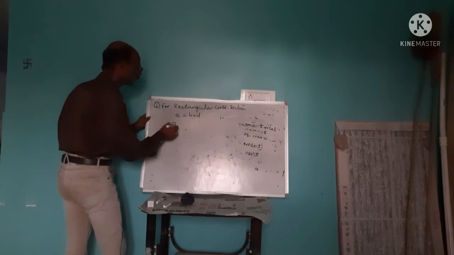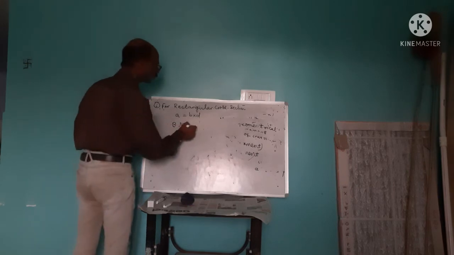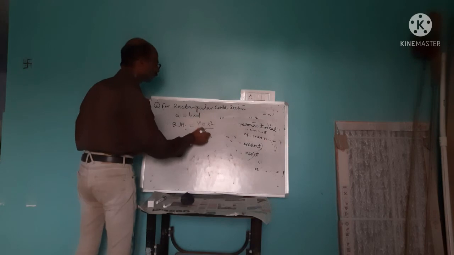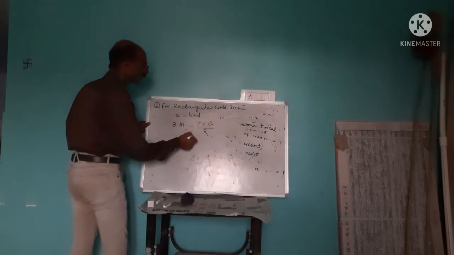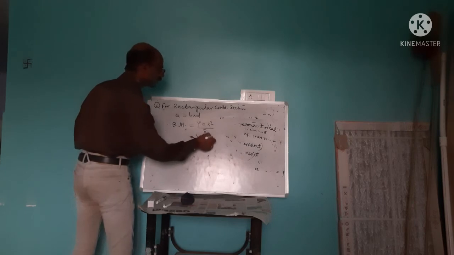Bending moment is equal to Y A k square by R. In place of A, we will write B D: Y B D k square by R.